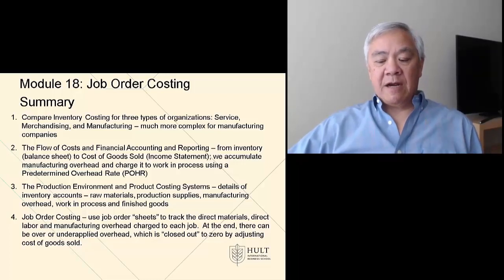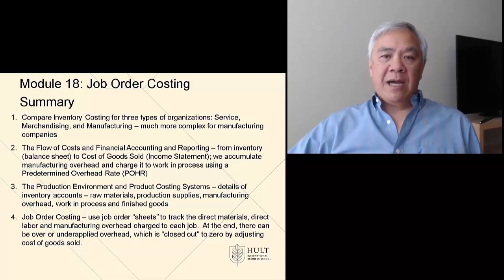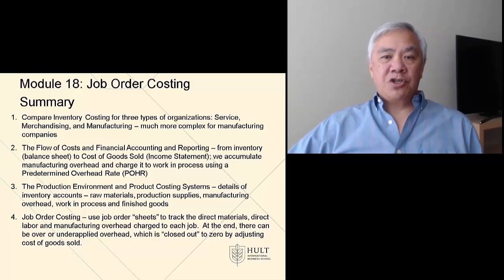Third, we looked at production environment and product costing systems, and this is where we looked at the movement of those items through the system. And finally, we took one of the approaches to accounting for inventory, job order, and we applied job order costing where we have discrete projects, 64, 65, etc. And then we charge to it all the things relevant to that job.